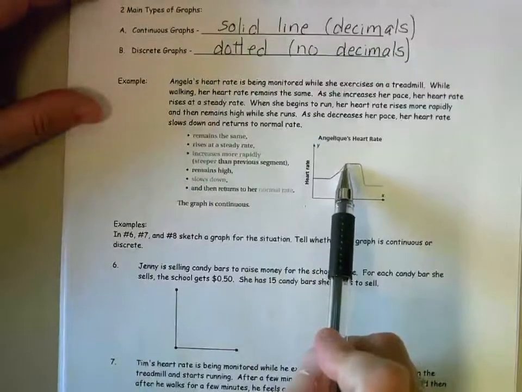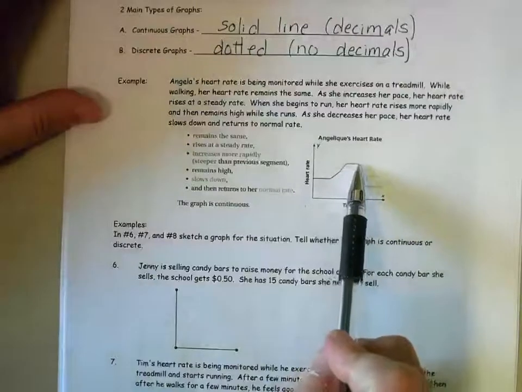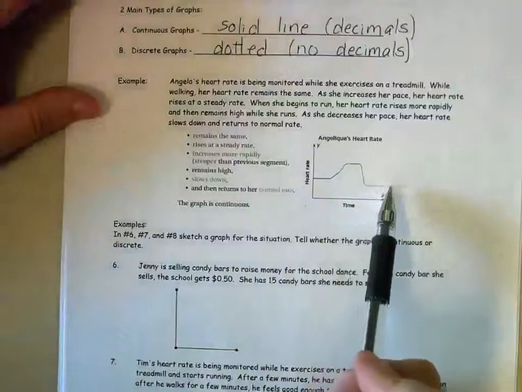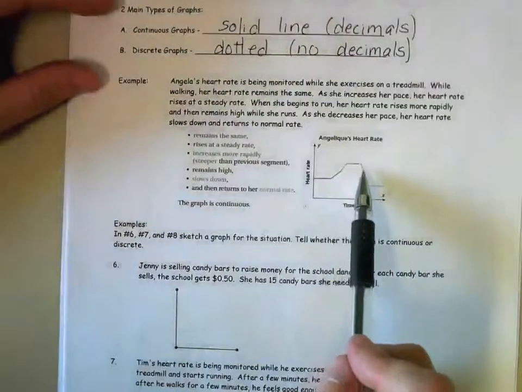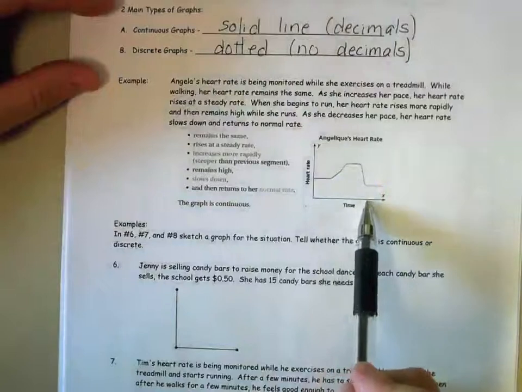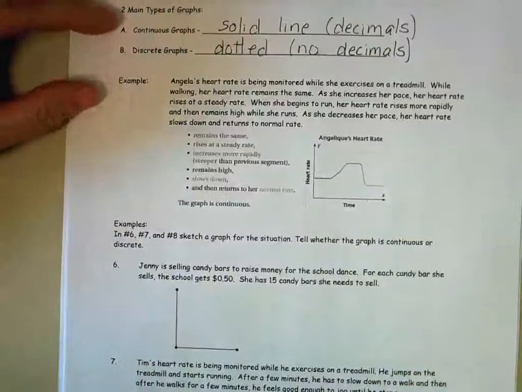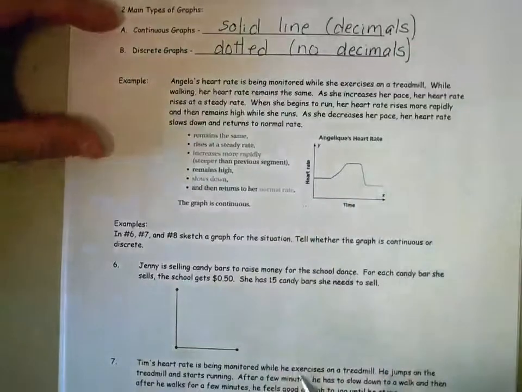Her heart rate remains high while she runs, and then she decreases her pace and her heart rate slows down and returns to normal. And you will notice in the slowdown, it doesn't go all the way to 0. Her heart rate would not be all the way to 0 because then she would be dead. So the heart rate needs to continue, or it needs to be above 0.